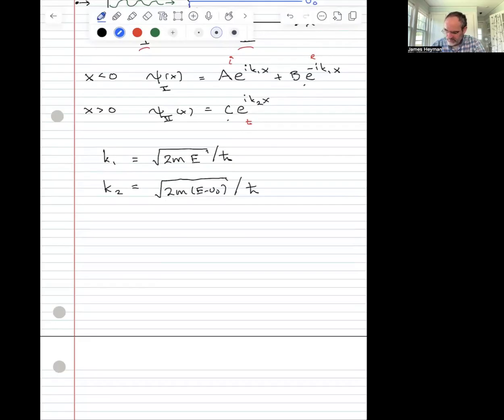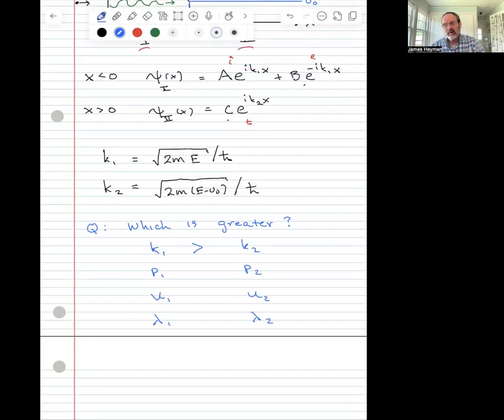Here, let's think about this. I want you to just think about those different values of k so we can get some intuition about this problem. Which is greater, k1 or k2? Well, if U0 is positive, then it's clear that k1 is greater than k2.